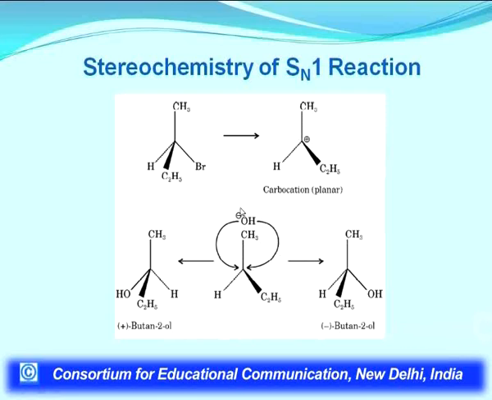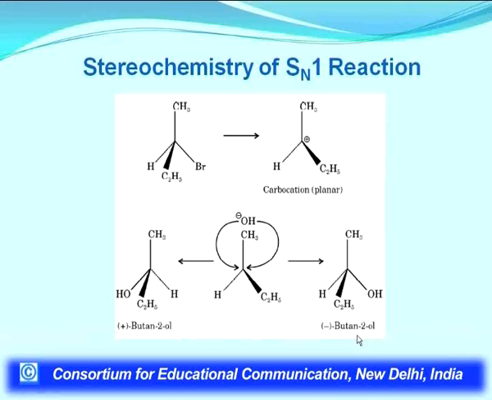When it attacks from this side, these three substituents move in one direction. If it attacks from this side, these three groups move in the other direction. So, we get both the isomers of 2-butanol. Since we are getting both the optical isomers, it is a racemic mixture. Half the molecules are dextrorotatory, half the molecules are levorotatory.